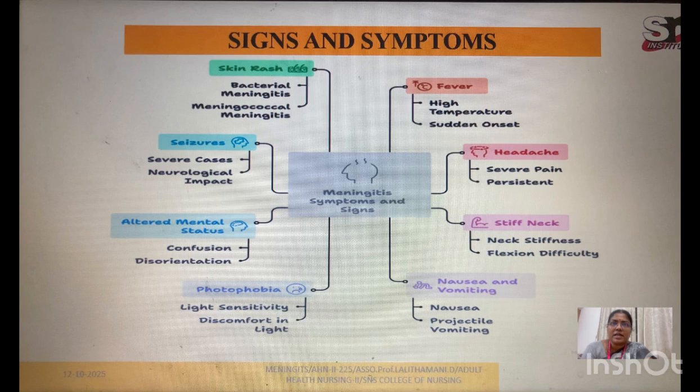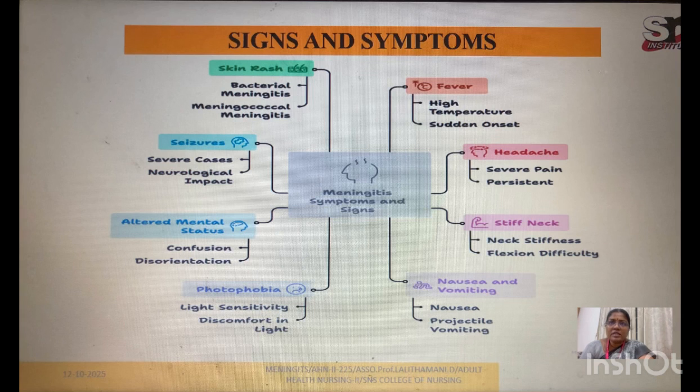The person will usually have a fever and headache, and a stiff neck, which has an impact on the nervous system and spinal cord. The person might complain of nausea and vomiting, photophobia, and altered mental status. The patient will also have skin rashes and sleep disturbances.